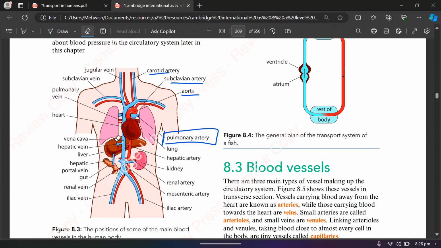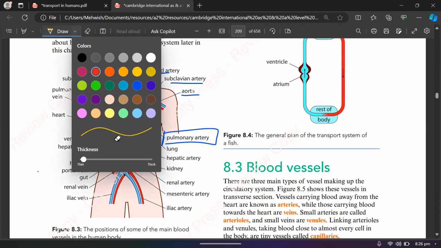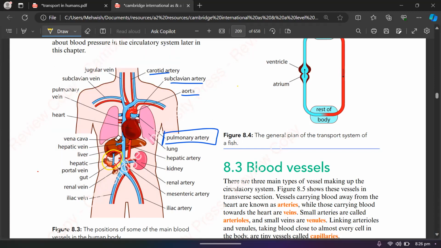There is one exceptional vein, this one. Can you see this vein? This is the hepatic portal vein. And this hepatic portal vein is actually the vein that is not directly connected to the circulatory system.